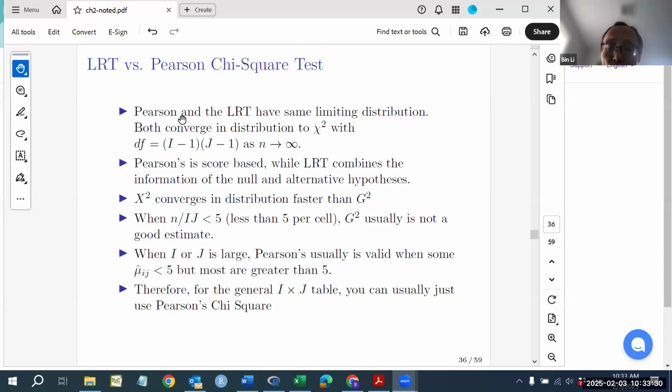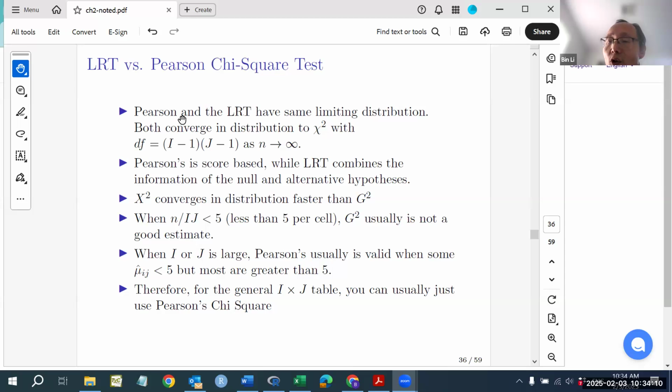But for small sample size, they may perform differently. Why? Because they approximately follow the chi-square, so the quality of the approximation really depends on the sample size. When we compared Pearson's and the likelihood ratio test, we found that the convergence of the Pearson's chi-square test statistic is faster than the convergence rate for the likelihood ratio test.